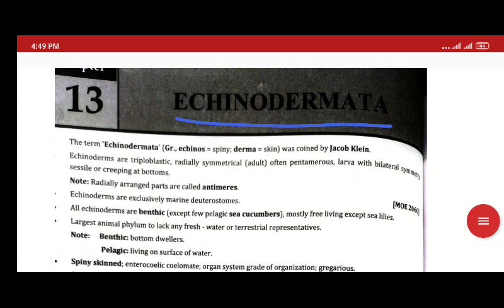Actually, in this phylum, retrogressive evolution occurred. The body is radially symmetrical, with so much of the retrogressive progression occurring here. So let's get started with this phylum.